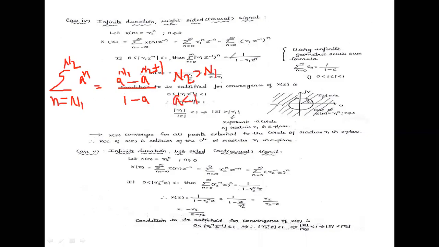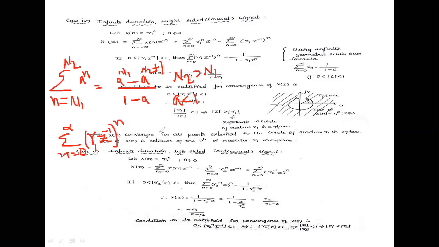What is n1 here? 0. What is n2? Infinite. And what is a here? R1 into z power minus 1, whole power n.